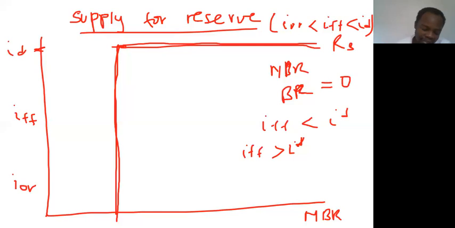Once the federal fund rate exceeds the discount rate, banks would prefer borrowing from the central bank, so that gives us the horizontal shape.